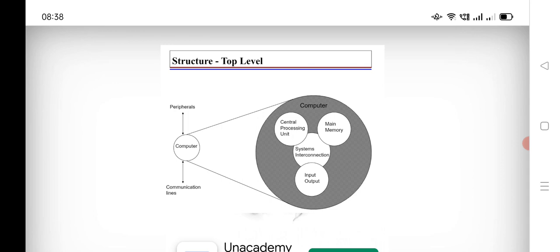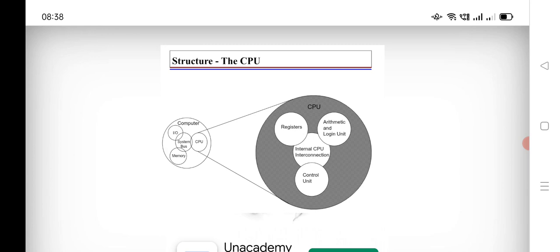First, in the top level structure, you will find CPU, main memory, input and output. In the second, the CPU internal structure, you will find the registers, ALU, internal CPU interconnections and control unit. And for the control unit, the components or structures are sequencing logic, control unit registers and decoders, and the control memory.